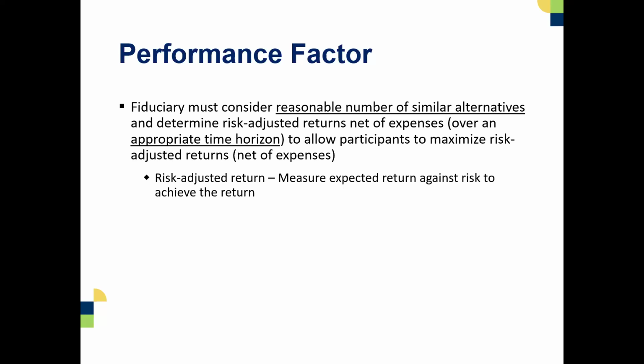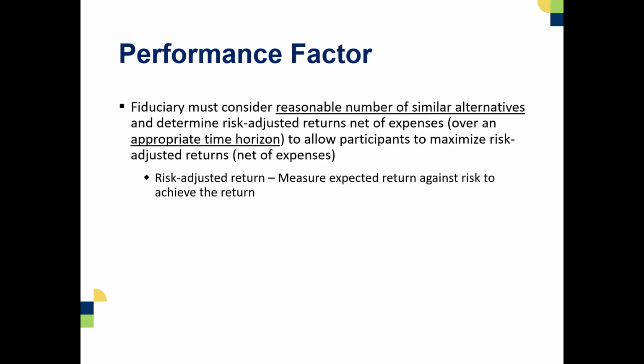So the first factor is performance. To satisfy the prudence duty with respect to the performance factor, our fiduciary must consider a reasonable number of similar alternatives and determine that the risk-adjusted returns net of expenses are such to allow participants to maximize their risk-adjusted returns.